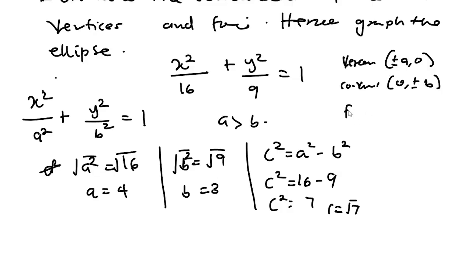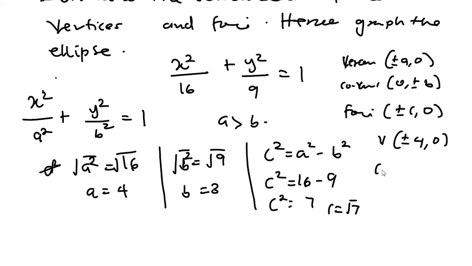Then we have the foci, which lie on the horizontal, so it is going to be plus or minus c, 0. So the vertex will be plus or minus 4, 0.